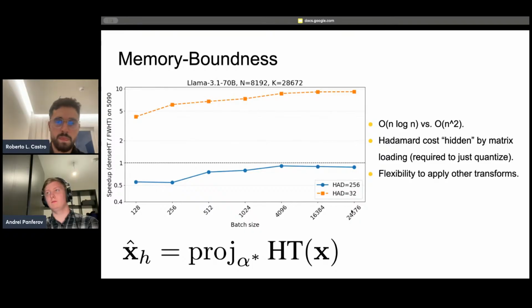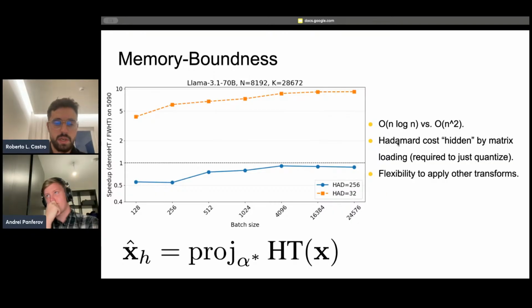So for Hadamard size of 32, solving this Hadamard transformation as a matrix multiplication is just faster because it's a memory bound problem. But when we move to Hadamards of 256, then we have this fast Walsh-Hadamard transform that is able to solve this transformation in complexity of n log n, right?